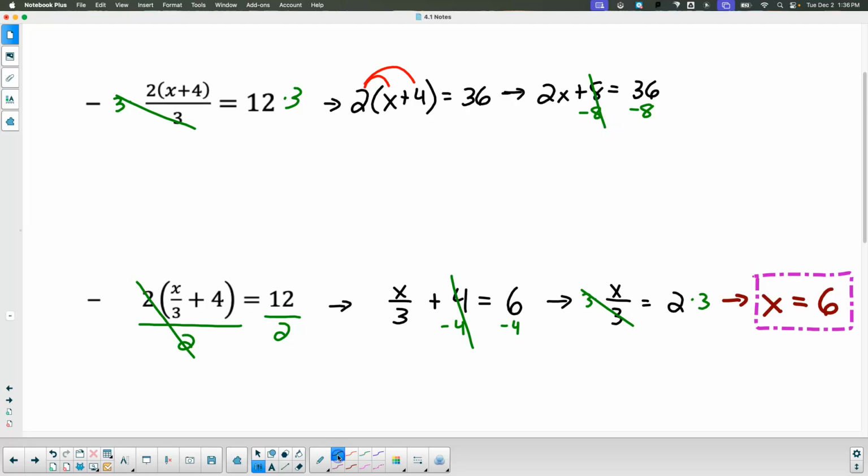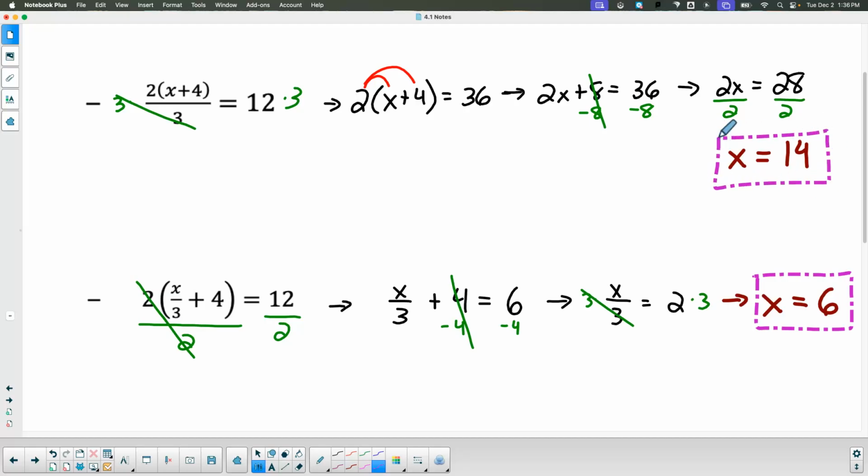That gives me 28. Okay. Then? And that gives us 14. She did do a couple of different exercises there. Okay. Good to go on that one?